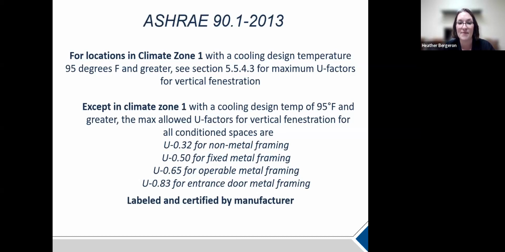There is a maximum allowed for the different U-factors for vertical fenestration for all air-conditioned spaces. For example, for fixed metal framing you're going to get a U-0.50, and for an entrance door with metal framing, you're going to be at a U-0.83. So this is the exception for climate zone 1.